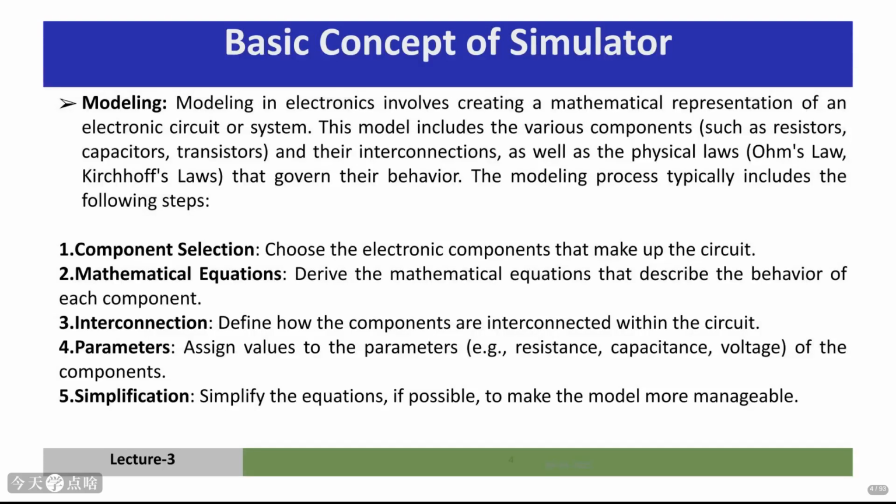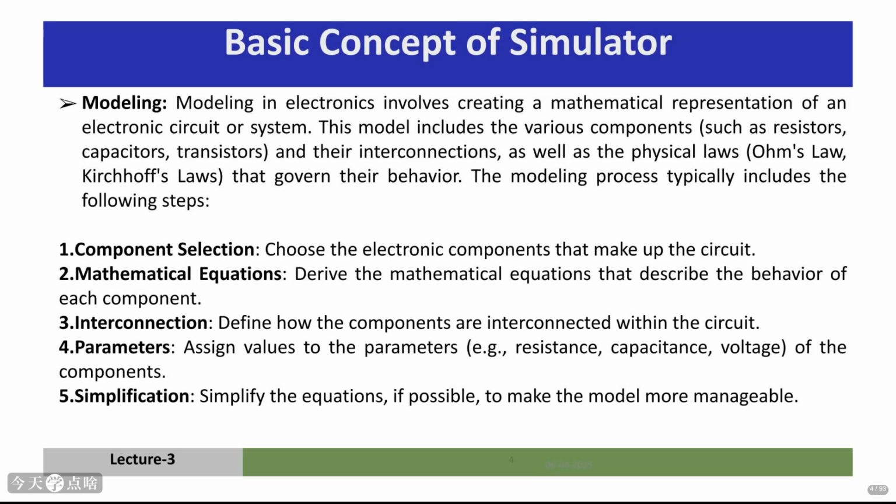So, how do these magic boxes actually work? The core idea is modeling. You take your physical circuit and translate it into a mathematical language. Think of it like creating a detailed recipe for your circuit. First, you list all the ingredients: resistors, capacitors, transistors, etc. Then, you write down the rules governing each ingredient: Ohm's law for resistors, the transistor equations, Kirchhoff's laws for how things connect.